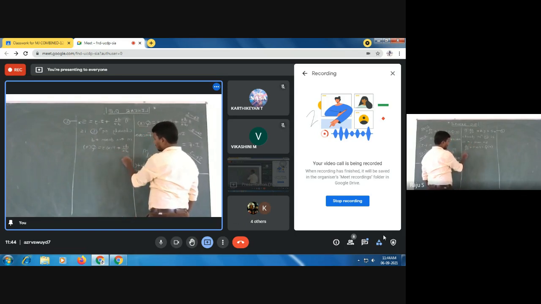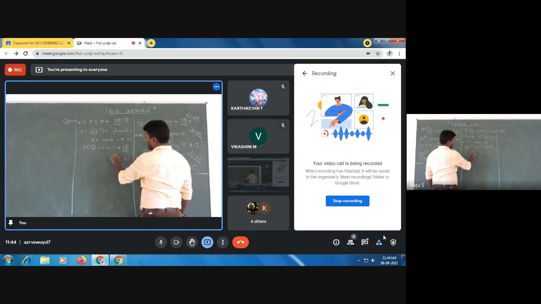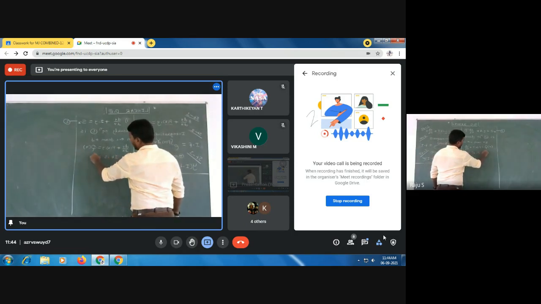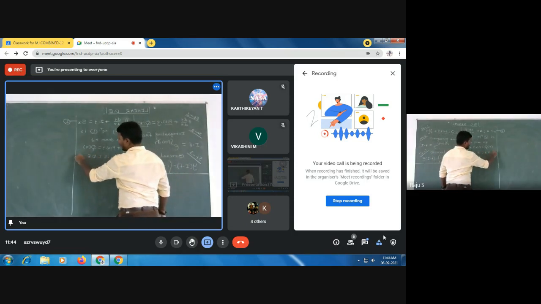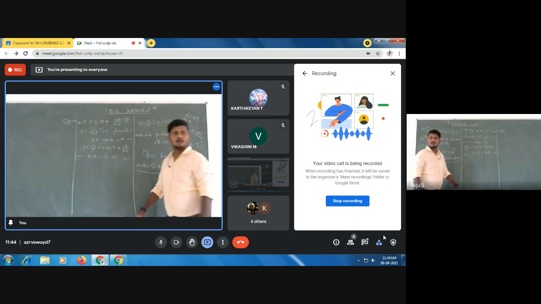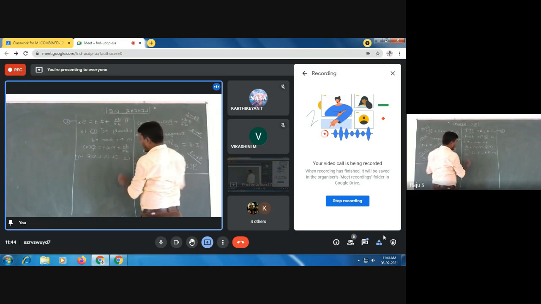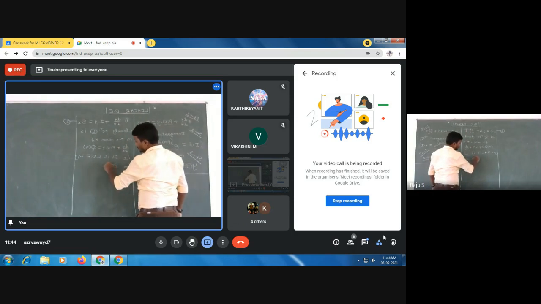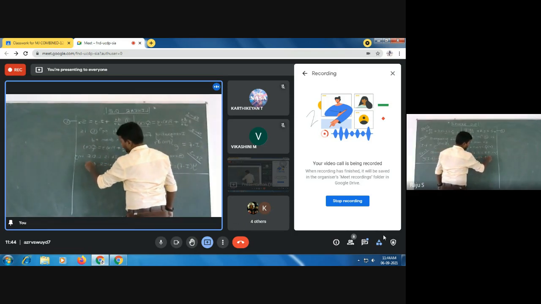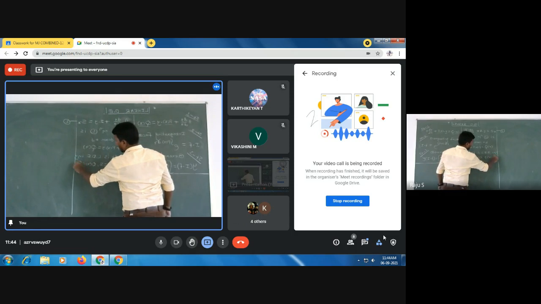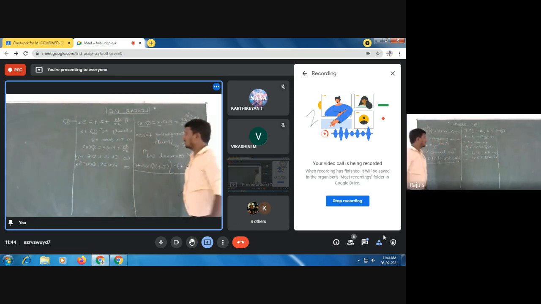That is, it is a linear differential equation in y. Comparing both, p of x is equal to 2, q of x is sin x. Okay, step 1 is completed.